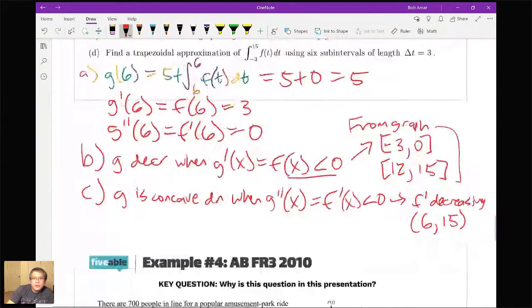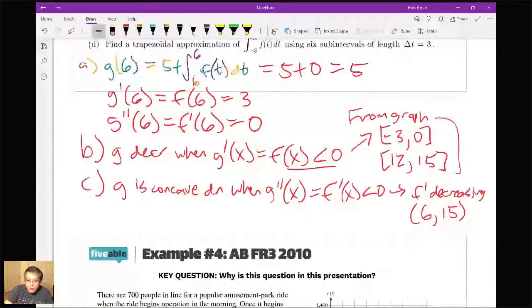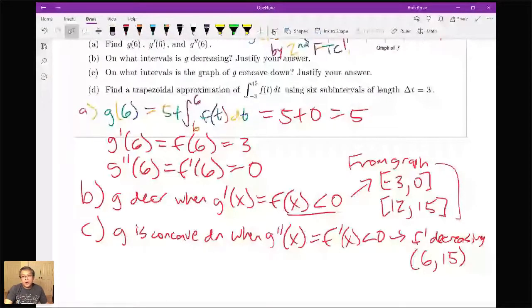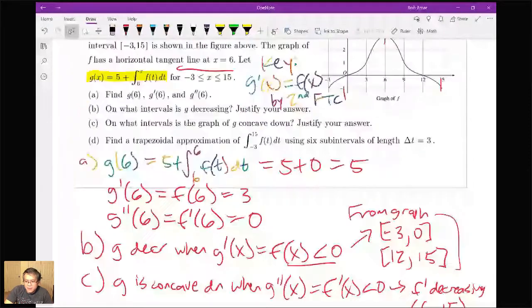Okay. So this part, none of this is bad. Part D gets interesting because we've got a trapezoidal approximation of the integral of f of t dt. And so we want to be very careful. Now you could draw them. You can actually draw what the trapezoids would be.